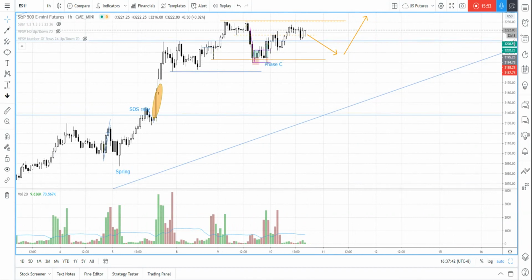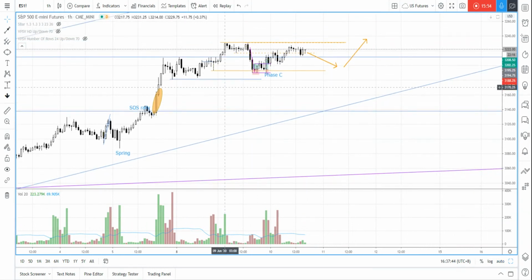And eventually I would like to see a breakout to the upside. But if this level cannot hold, then I think it will be easy to see a deeper pullback to test the breakout bar around 3135 to maybe 3160, 70, somewhere around this bar. So the bullish scenario will only be valid as long as the level can provide some support.